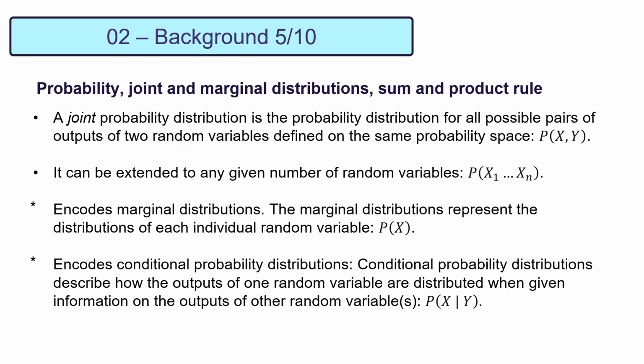And it also encodes conditional distributions. So conditional distributions means that if I know p of x and y, I can ask myself, given a particular y, what is the probability of x? Right? So these are essentially the three types of distributions. We will use these a lot today. So if there are any questions at this point, okay, perfect.